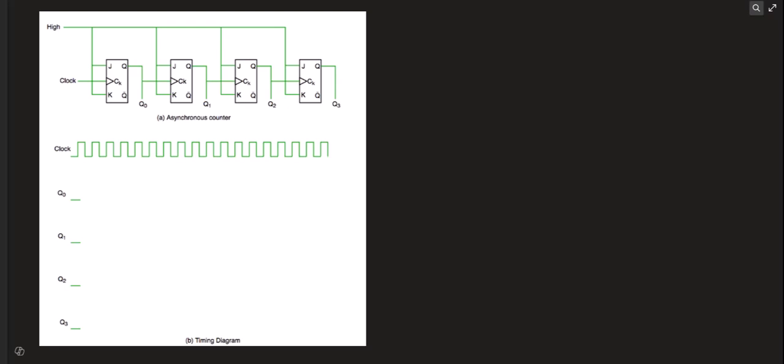Okay, so the timing diagram appears to be as if this is on the negative edge.